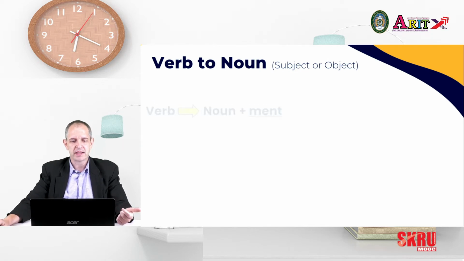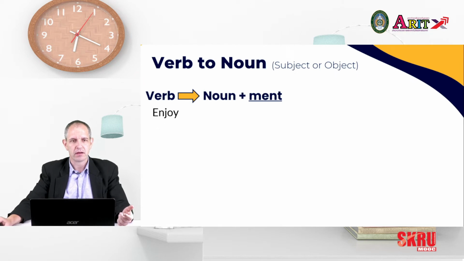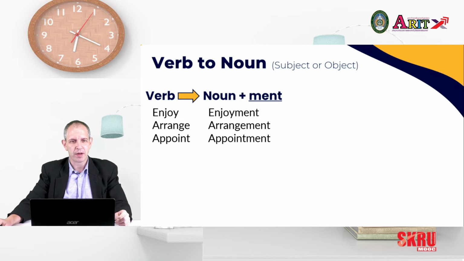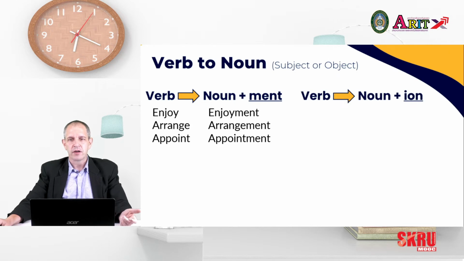Now, let's look at changing verbs to nouns and what kind of suffixes we use in doing that. Well, the first one is ment. So enjoy, arrange, appoint. All verbs become nouns when we add ment: enjoyment, arrangement, appointment. Next, with verbs, we add I-O-N.